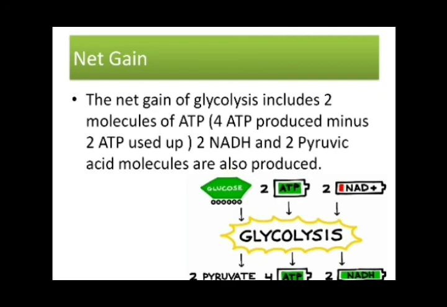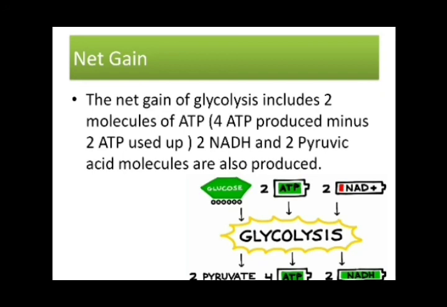So the net gain is 2 molecules of ATP, and 2 molecules of NADH and 2 molecules of pyruvic acid are produced in the whole process of glycolysis. So this is the metabolic fate of glycolysis.